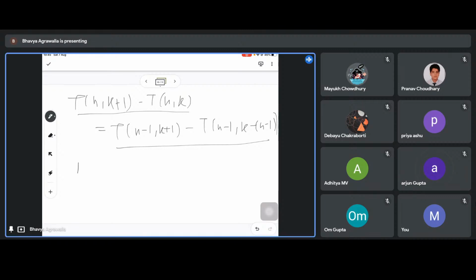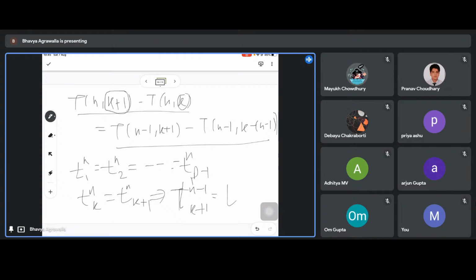Now, suppose you know that t(n, 1) equals t(n, 2) equals ... t(n, p minus 1), right? Obviously, if you sum this over all such numbers congruent to k plus 1 modulo p and k modulo p, you can basically show that t(n, k) equals t(n, k plus 1) implies small t(n minus 1, k plus 1) equals small t(n minus 1, k minus n minus 1).